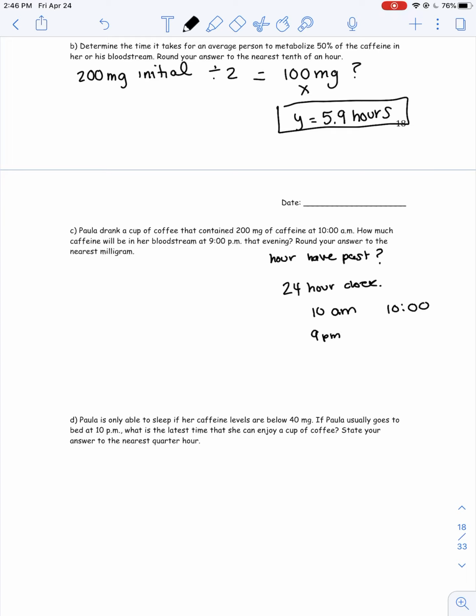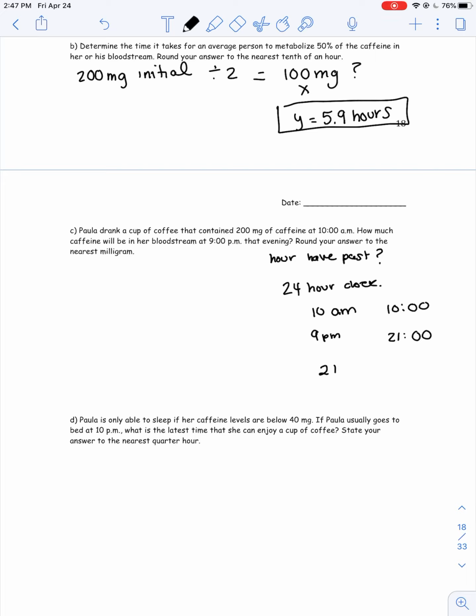But 9 p.m. will be 13, 14, 15, 16, 17, 18, 19, 20, 21. So that will be 21 o'clock. By changing it to the 24-hour clock, it looks like 21.